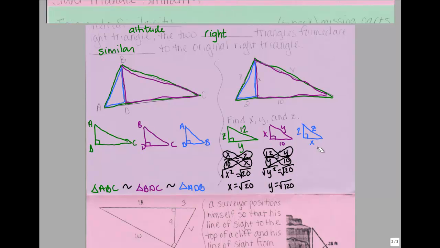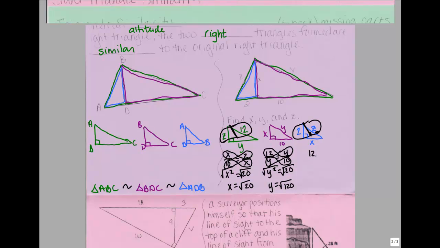Lastly, we need to solve for z. So we have a z here, we have a z here, and it is using the left leg and the hypotenuse. So left leg and hypotenuse, left leg and hypotenuse. And here are your fractions. There's that one and that one.